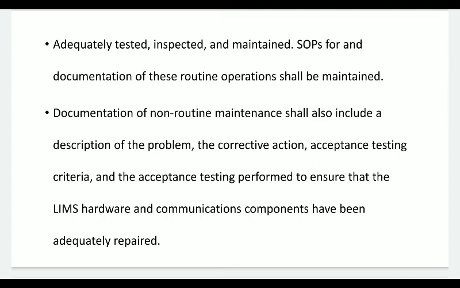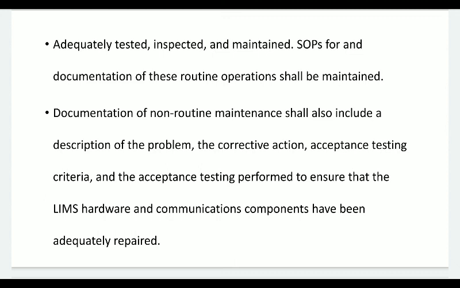Documentation of non-routine maintenance shall also include a description of the problem. This is in case of any accidental incident or situation where you have to carry out unplanned maintenance. It was not scheduled, but suddenly there is a situation and the hardware system has to undergo some kind of maintenance.